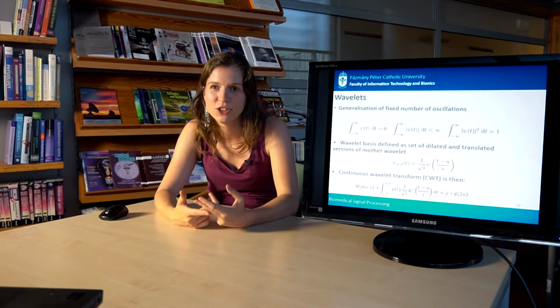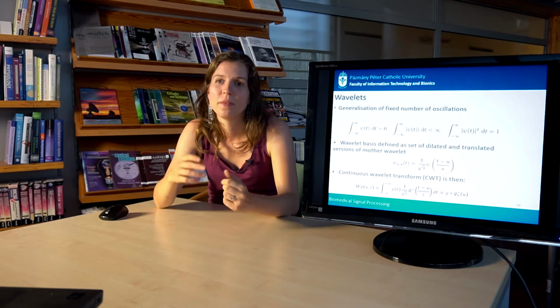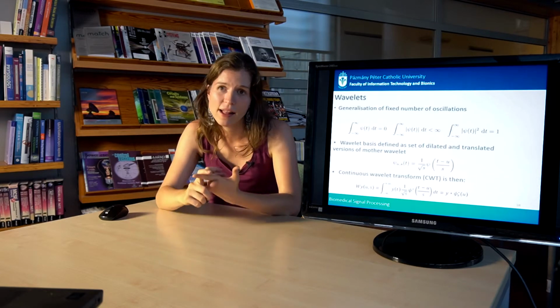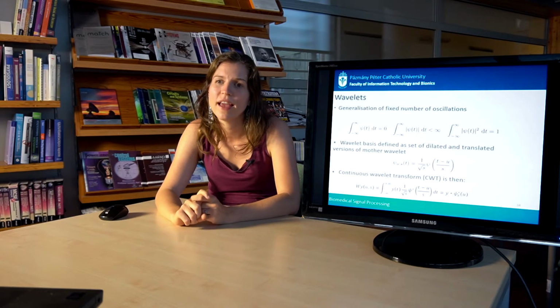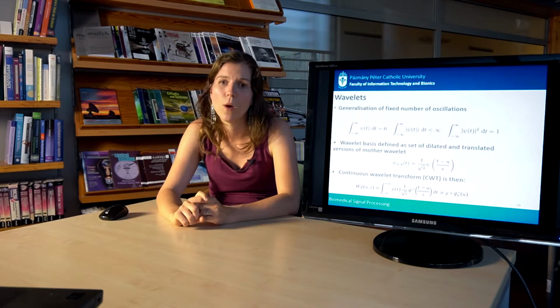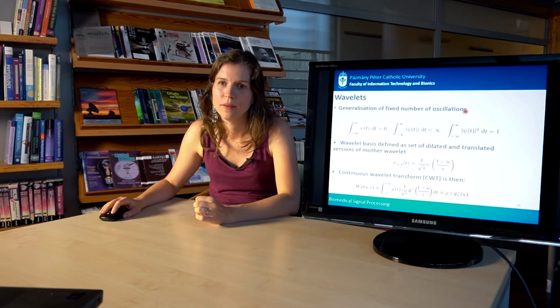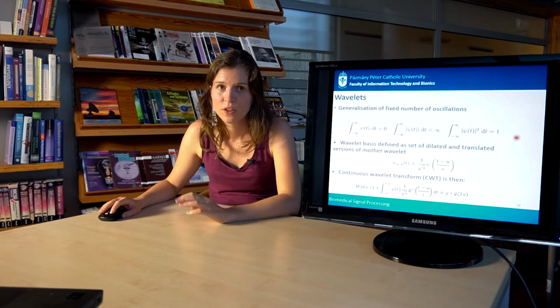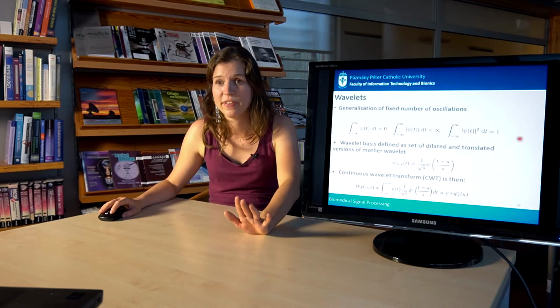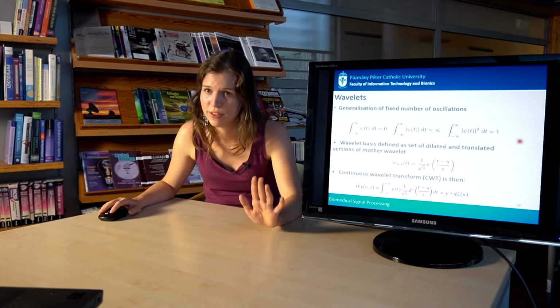A mother function can be shifted, can be scaled, but it has some properties. It always has a zero mean, it has a finite L1 norm, and it has a unit L2 norm. So these are the properties a mother function has to fulfill.